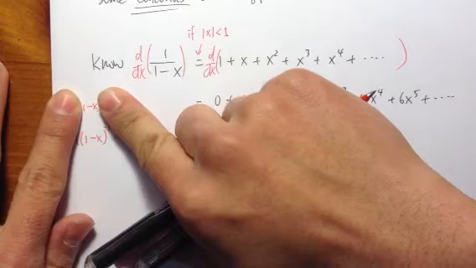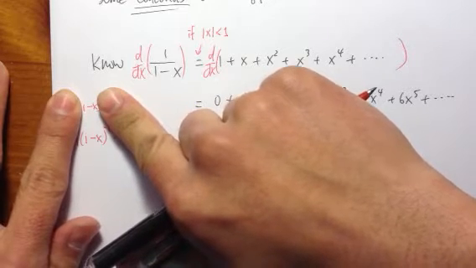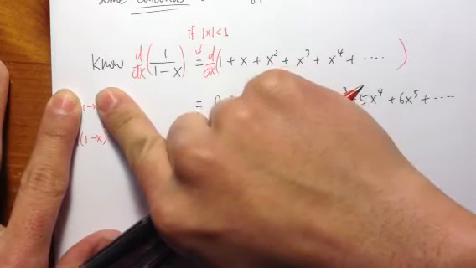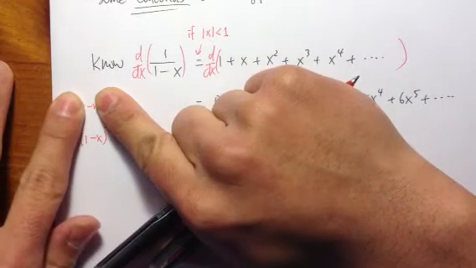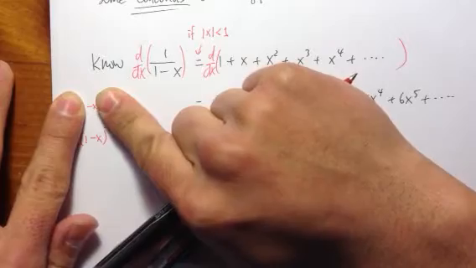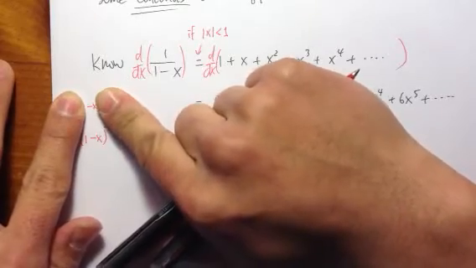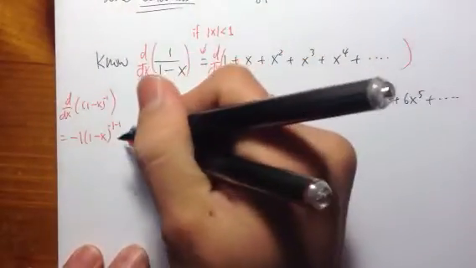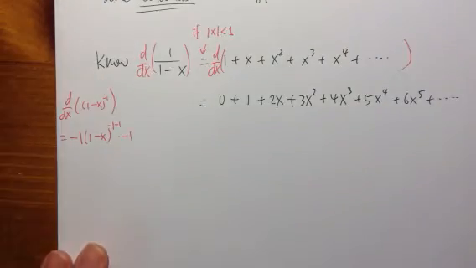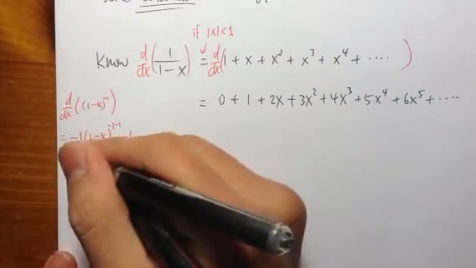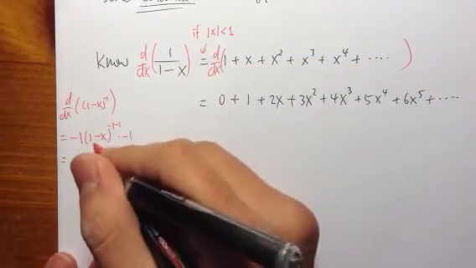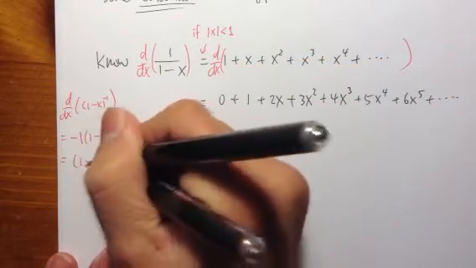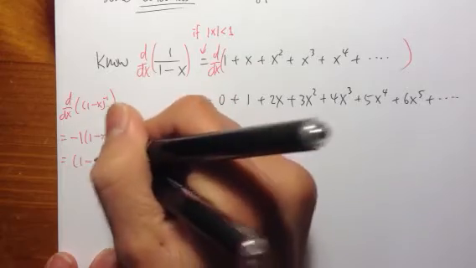If you just focus on the derivative of 1 minus x, the derivative of 1 is 0 and the derivative of negative x is negative 1, so you multiply by another negative 1. Negative 1 times negative 1 is positive, and we have 1 minus x to the power of negative 1 minus 1, which is negative 2.